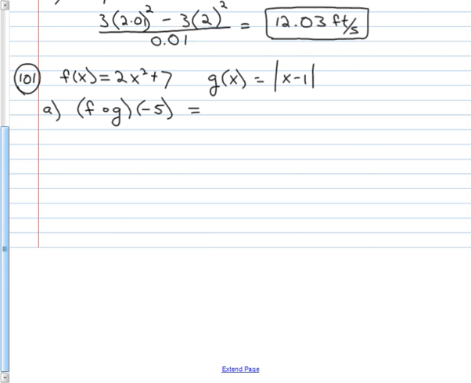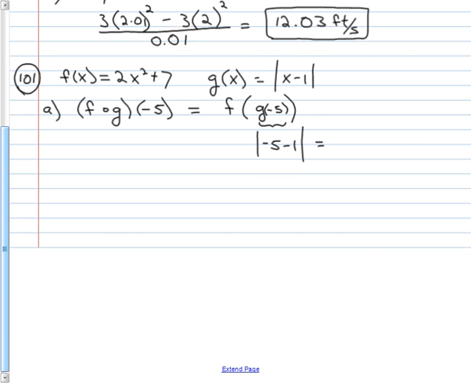I'm going to do it, there are two methods. I'm going to do it using the numerical evaluation method, which means I take the g function, g of negative 5, and put that into the f function. So it's written f of g of negative 5. So I need to do the g of negative 5 first. So I just stick a negative 5 into that g function.